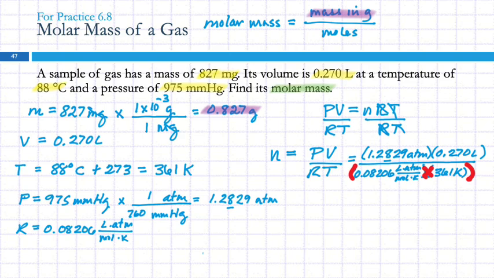So times 0.27. So I'm coming up with 0.01169 moles, which is different than the number you got.